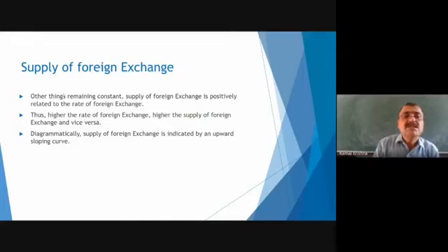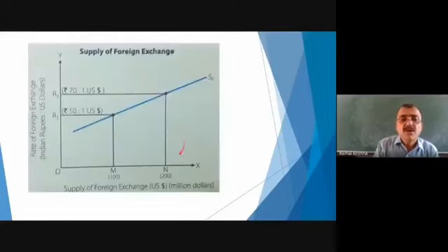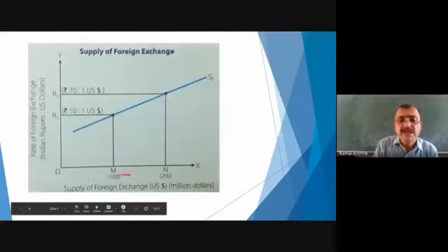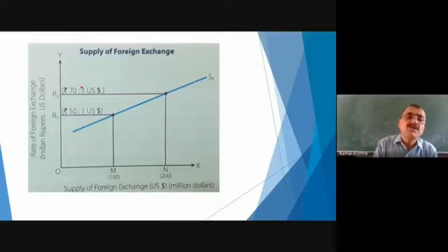In that same way, for the supply of foreign exchange, we see here, the higher the rate of foreign exchange, the higher the supply of foreign exchange. See in the diagram, students, on the X-axis we have taken the supply of foreign exchange, and on the Y-axis we have taken the rate of foreign exchange. This supply curve takes a positive slope upwards.